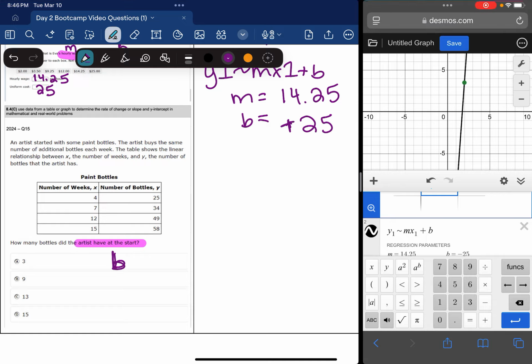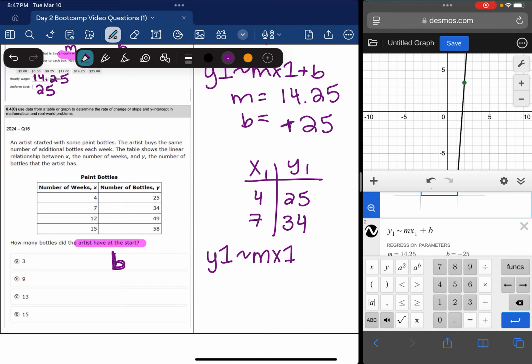Okay, so we're going to go again to our screen to scratch, create our table, choose two of these points. I just like to choose the first two. Then use our decimals-friendly slope-intercept formula. Okay.